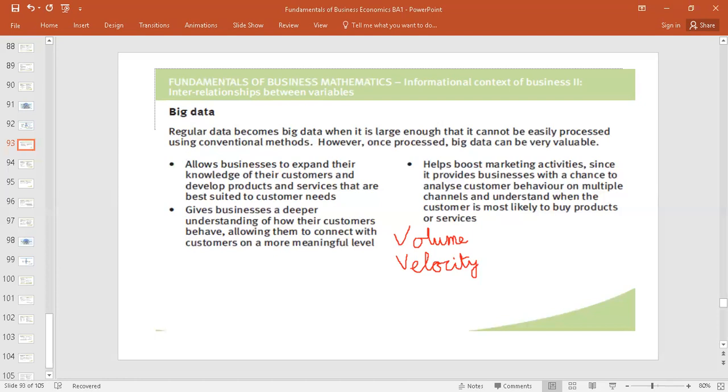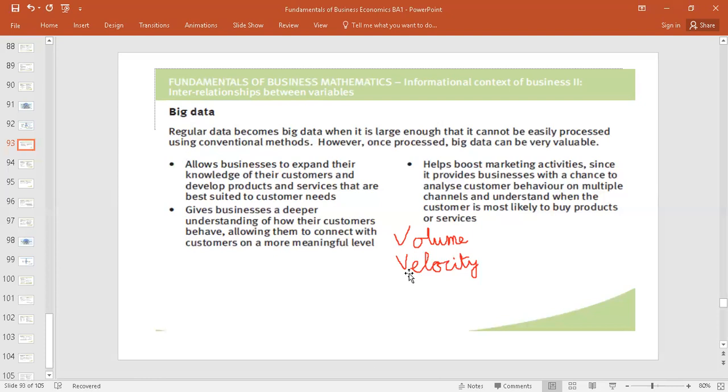The softwares consider every fraction of a second any change that happens, and we can see that the analysis is given almost immediately. So even if it is big data, with such great speed the analysis can be given. The velocity talks about the speed with which the data is processed.